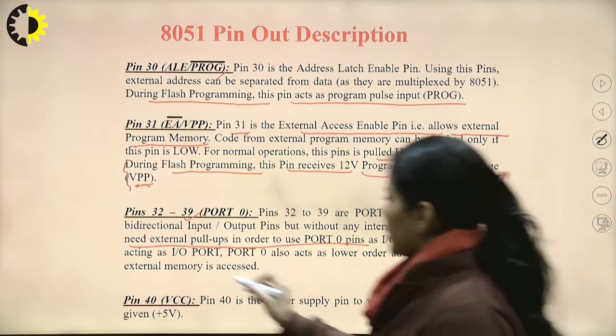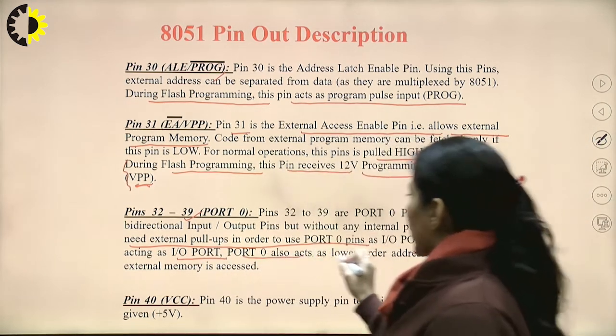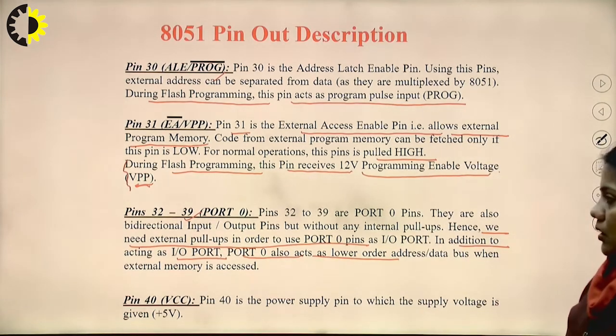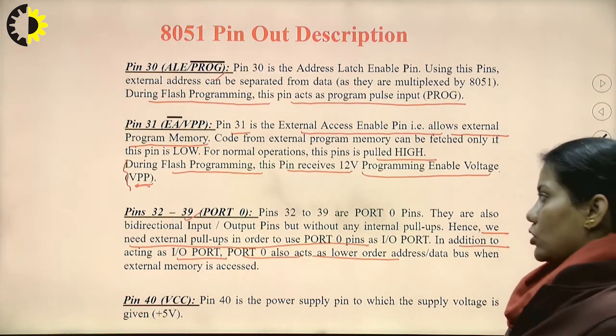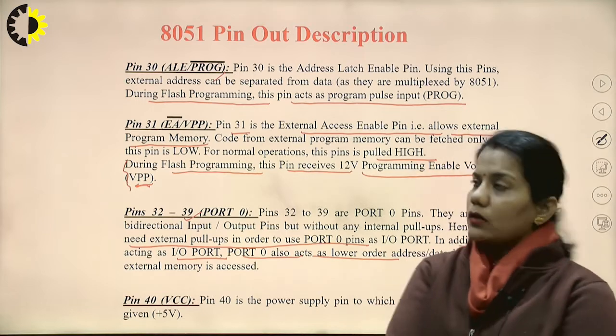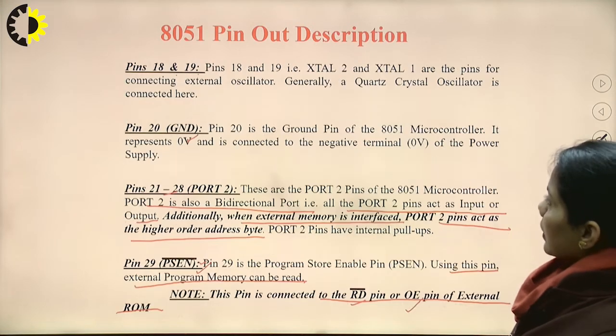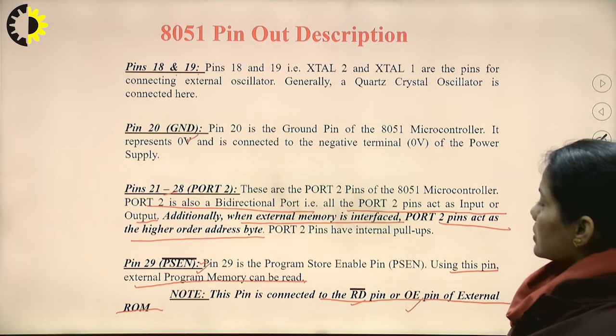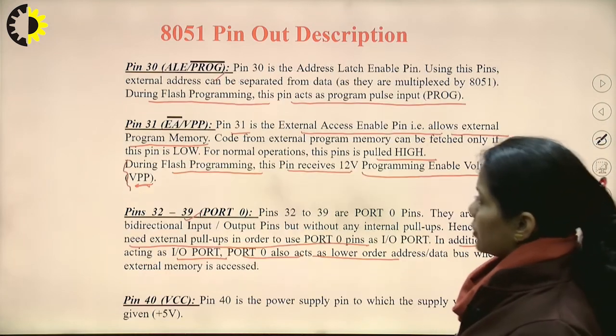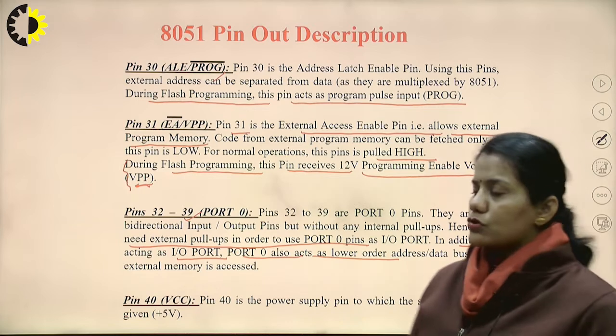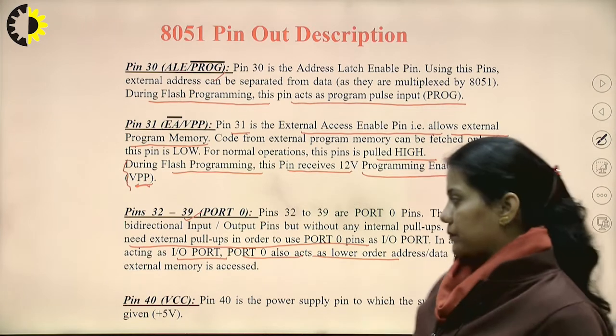In addition to acting as an input-output port, port 0 also acts as the lower order address or data bus when external memory is accessed. As we have already discussed, port 2 and port 0 are used to interface the address bus.